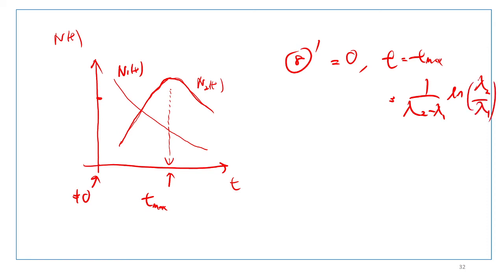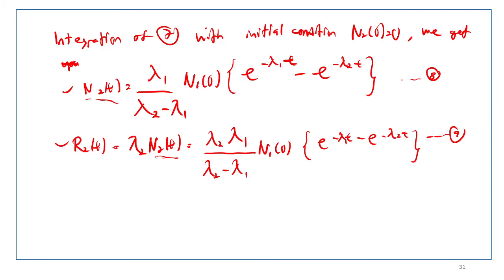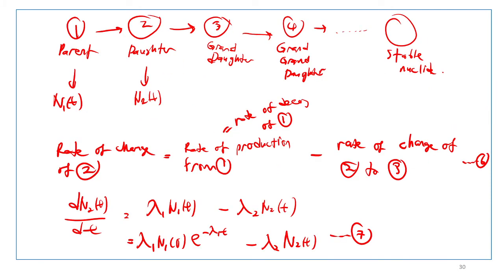So before this t maximum, the number increases exponentially, but after that it decreases exponentially. Before the t max, it doesn't mean that the daughter is not decaying.